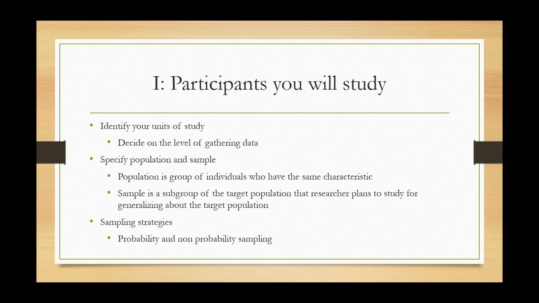So all instructors will make up a population of instructors. Think of software developers, then all developers will make up a population of developers. So a population is just a group of individuals that have the same characteristic.